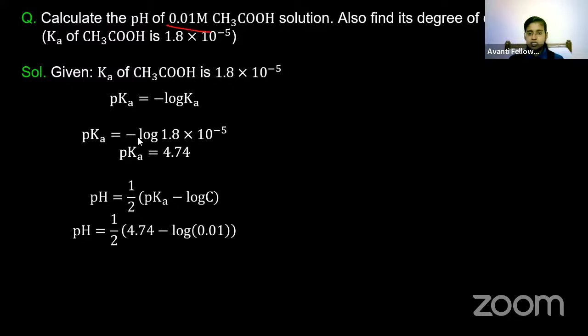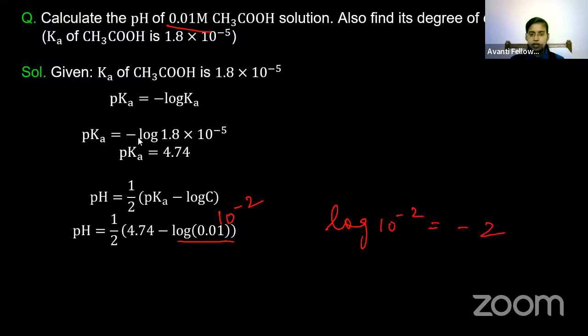Now what is log 0.01? Can anyone tell me what is 0.01? It can also be written as 10 to the power minus 2, right? Log of 10 to the power minus 2 is equal to minus 2.